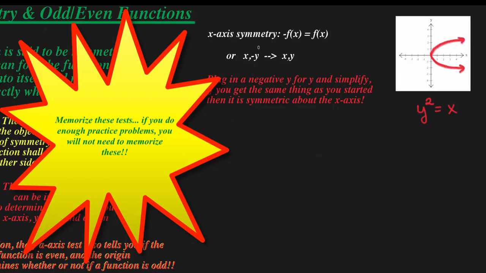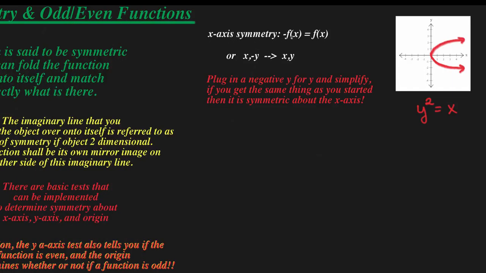The first case scenario is symmetric about the x-axis. So for x-axis symmetry, we plug in a negative y in place of y, which is x comma negative y, and simplify it to see if we get the original, x comma y. Hopefully when we simplify it, we're going to get the original function. All right? The easiest example of this, even though it's not a function, is y squared equals x.